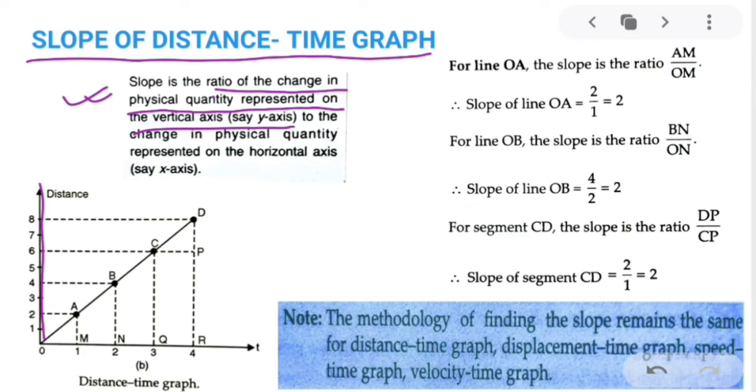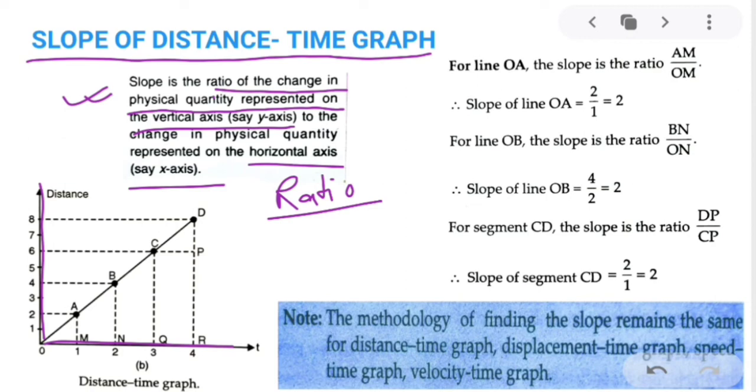So the ratio of the change in the physical quantity represented on the y-axis to the change in the physical quantity represented on the horizontal axis, that means the x-axis. Okay, so slope is what? Slope is a ratio, remember, it is a ratio. Ratio of what?